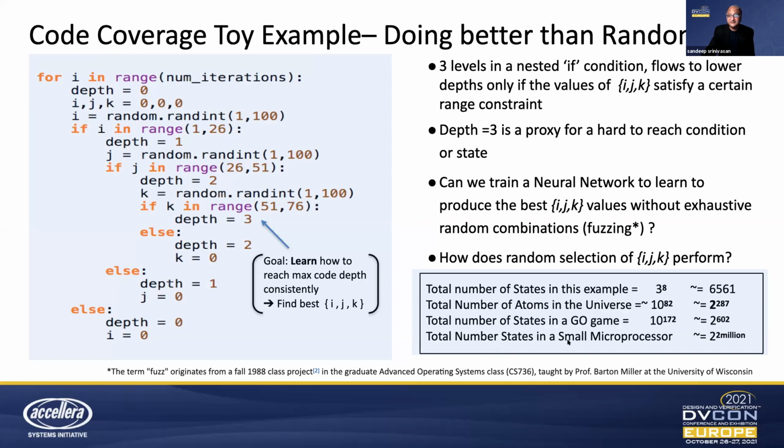And the total number of states in even a small microprocessor can be 2 to the 2 million. So the complexity and the state we're dealing with for hardware verification is significantly large.